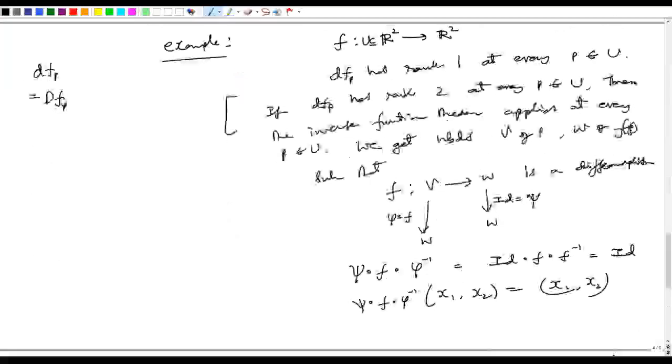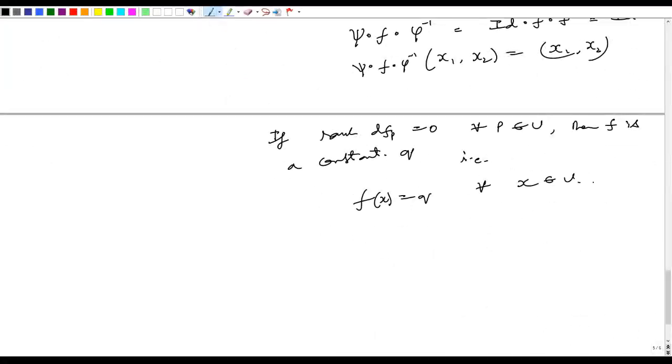So what I would like to get is some diffeomorphisms such that C composed with F composed with P inverse of x1, x2 should be 0, 0. But what I have is f of x1, x2 is equal to q1, q2 for some fixed q1, q2.